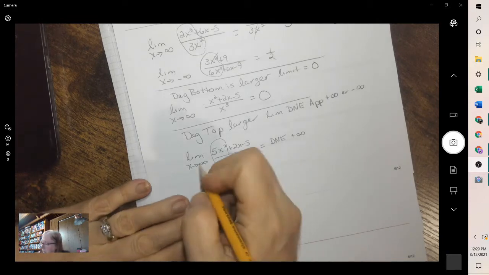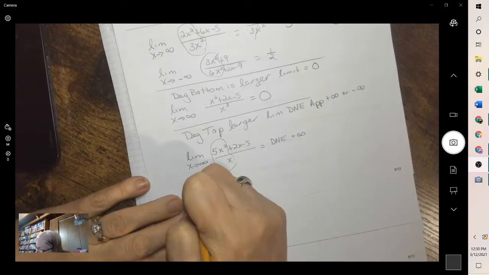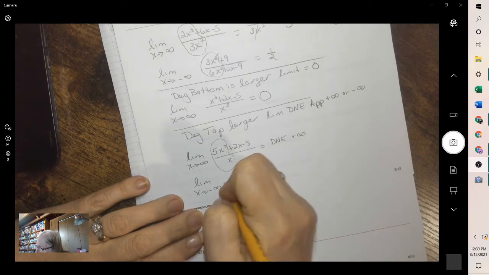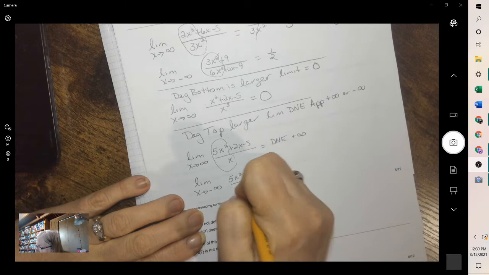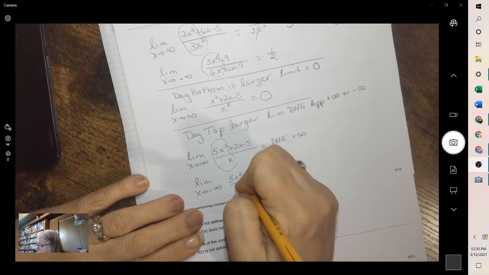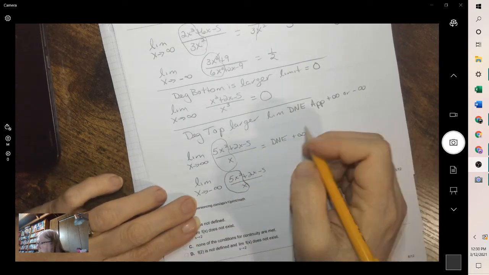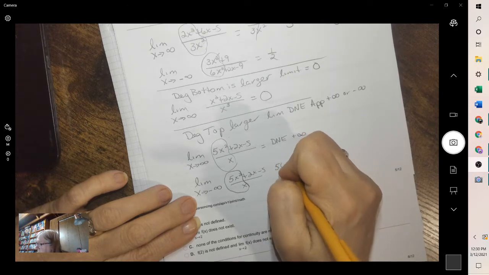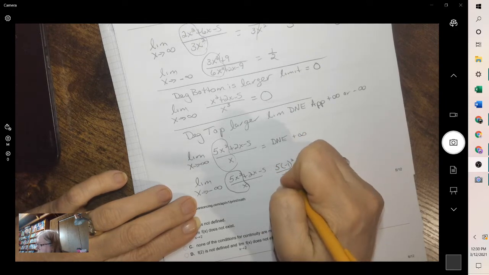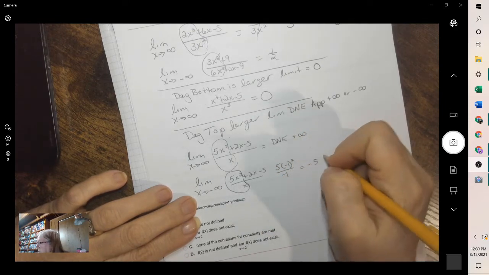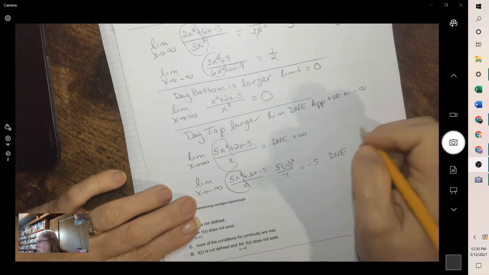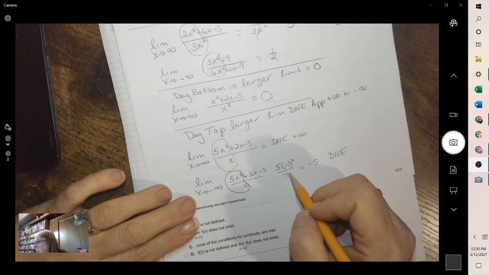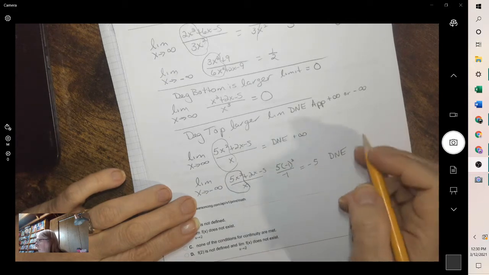If it were negative infinity, take the two largest ones and plug in a -1. So the limit does not exist, but since we plug in a -1, we get a -5.